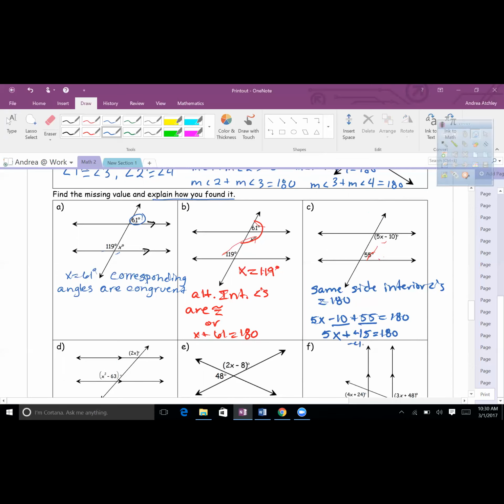Subtract the 45 from both sides. And you're going to get 5x equals 135.